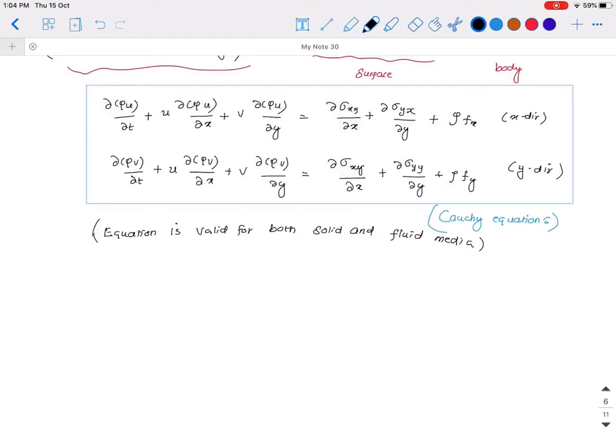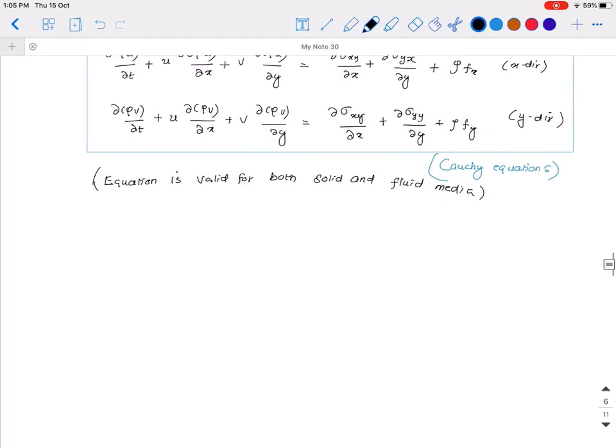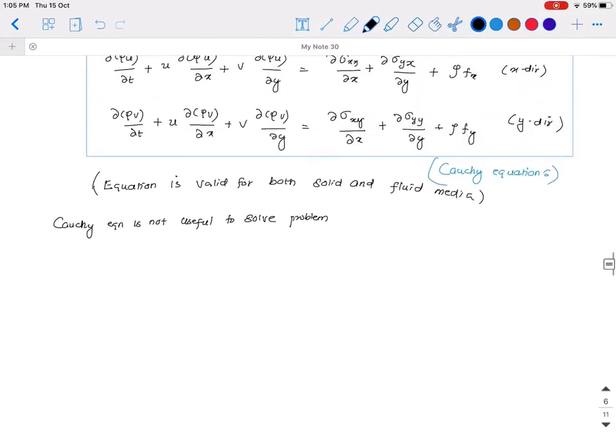Okay, that's the only thing we have done until now. But is this equation useful to solve practical problems? No, the answer is no. So Cauchy equation is not useful to solve any practical problems, because if you see the total unknowns here are 3 velocity components plus 6 components of stress.